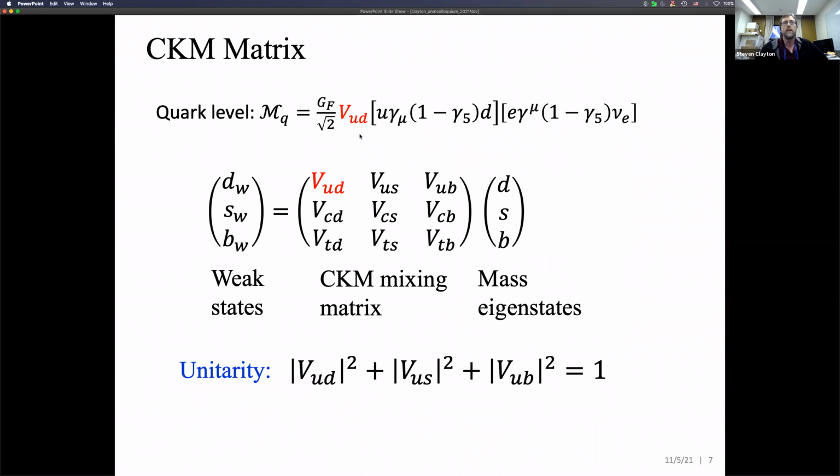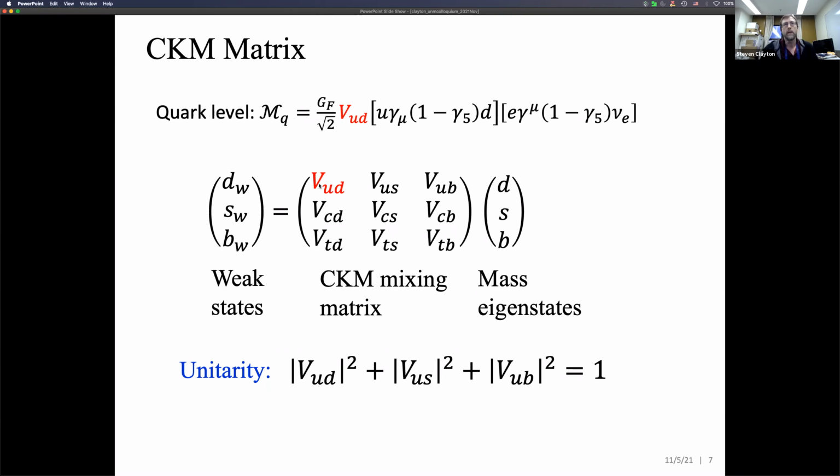So the reason for that VUD term, it's a number. It's basically because the weak states, the quark states that participate in the weak interaction are not the same as their mass eigenstates, you could say. So you have to do a rotation, and that's parameterized by this sort of rotation matrix, where that term represents kind of the amplitude from going to an up to down quark in a way.